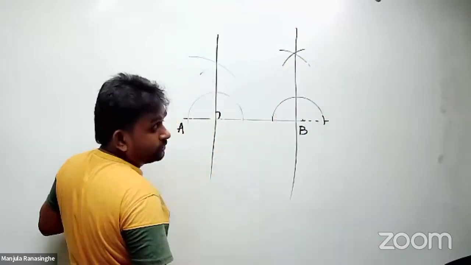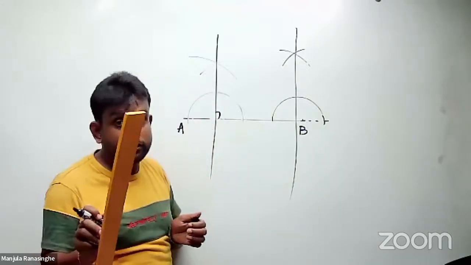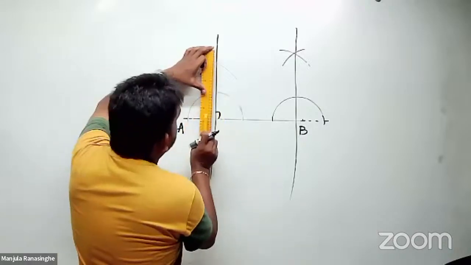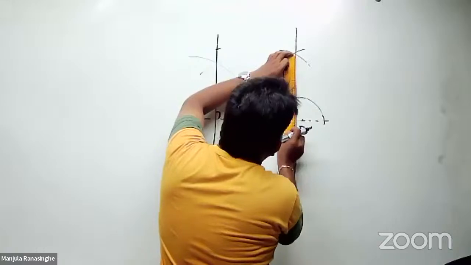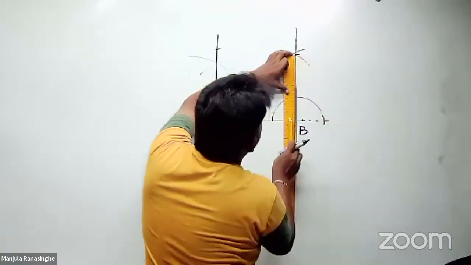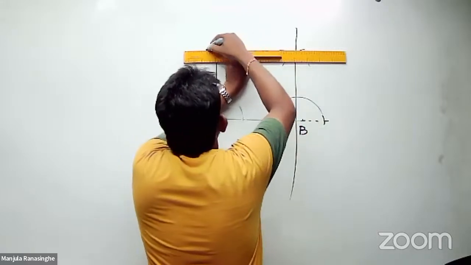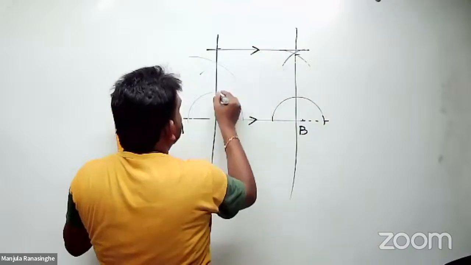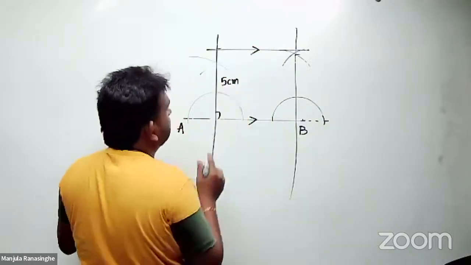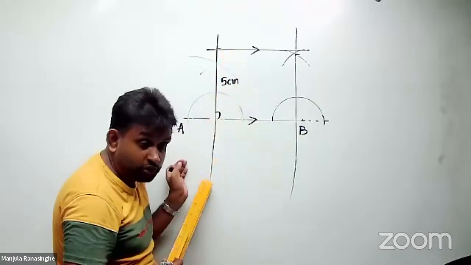Now take 5 centimeters on the ruler, and mark 5 centimeters here, and mark 5 centimeters here. Now you can connect these two 5 centimeter marks, then that is parallel and 5 centimeters away. Similarly, you can draw the upper line as well as the bottom line.